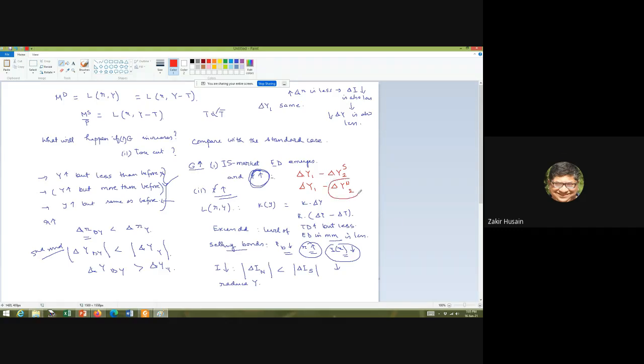Here, this is less. So what happens to the net effect, which is larger? The first round is the same. If the second round effect is less, then the net impact will be higher.